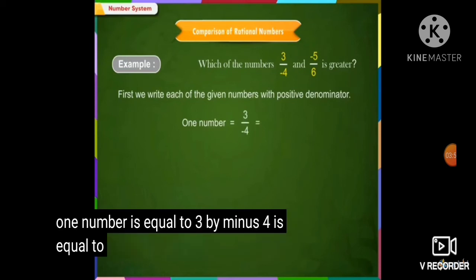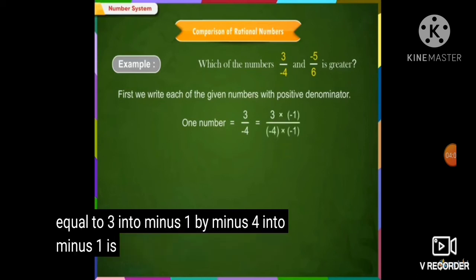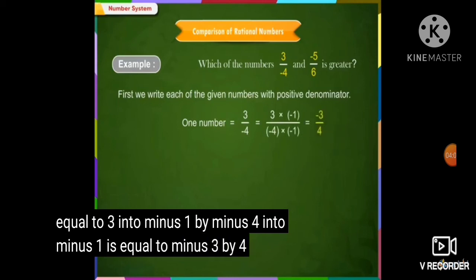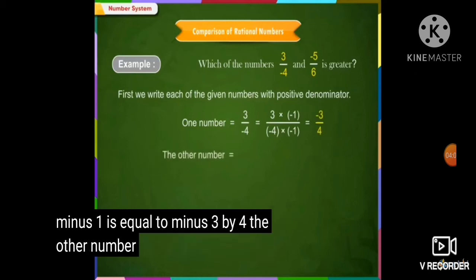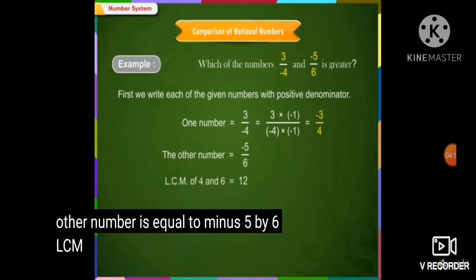If you multiply both the numerator and denominator by minus 1, the denominator becomes a positive number. So 3 into minus 1 is minus 3 and minus 4 into minus 1 is plus 4. Now your first step is done, the denominators are positive.